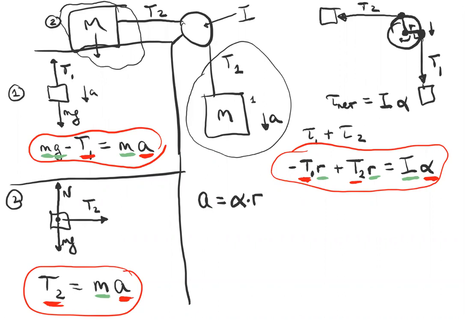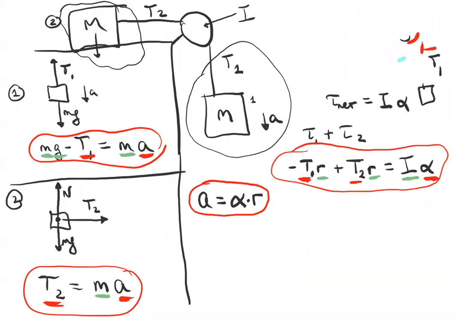So this equation links the acceleration of my boxes to the acceleration of the pulley, and I was able to write it because I knew that the rope wasn't slipping, that the amount by which the rope moves is basically equal to the angle by which the pulley rotates. Okay, now that I have all these equations, I will have to erase some stuff, so let me erase this here.